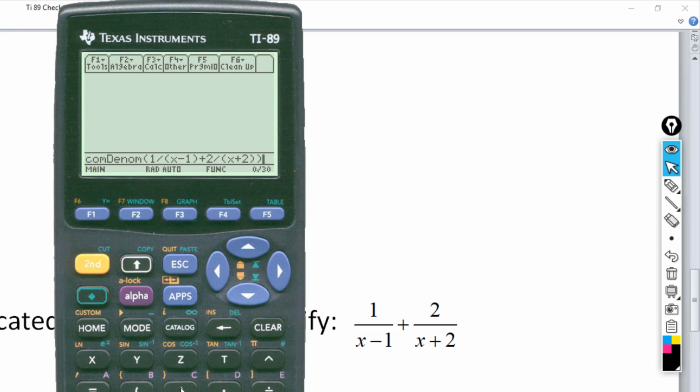And there you have it, 3x over x minus 1, x plus 2, which is your common denominator. The calculator multiplies it out, and you get x squared plus x minus 2. Okay? Clear this.